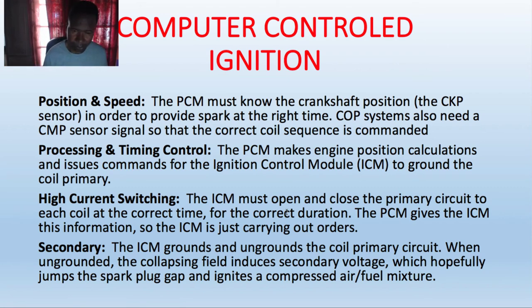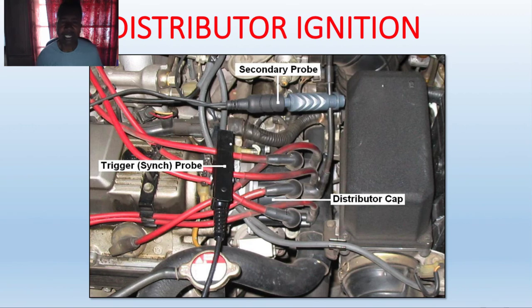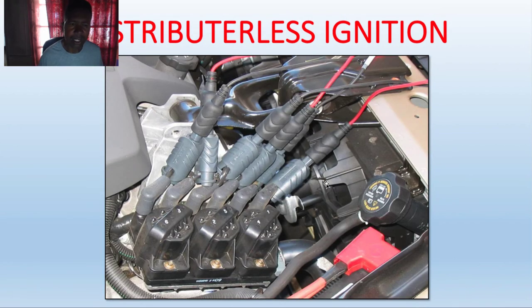And here's the distributor ignition. Here's my distributor, here's my wires, and right here is the coil wire going to the distributor. Here's a waste spark system, DIS, with 3 coils. I said earlier in the previous slide that one coil fires 2 cylinders at the same time.